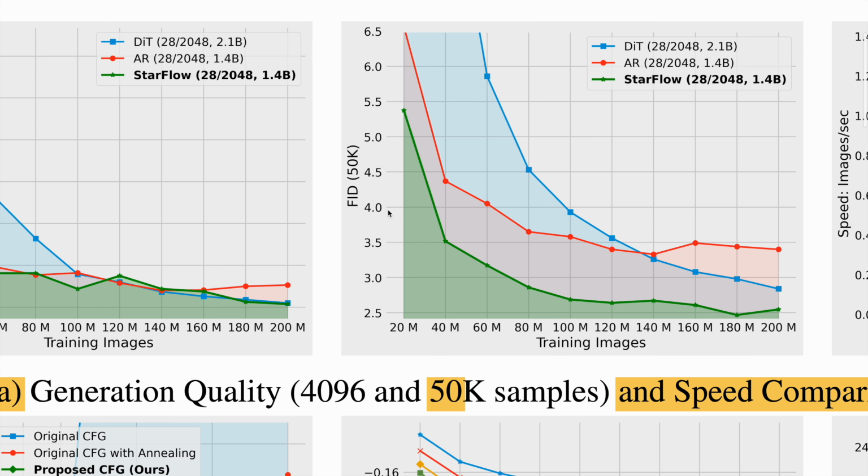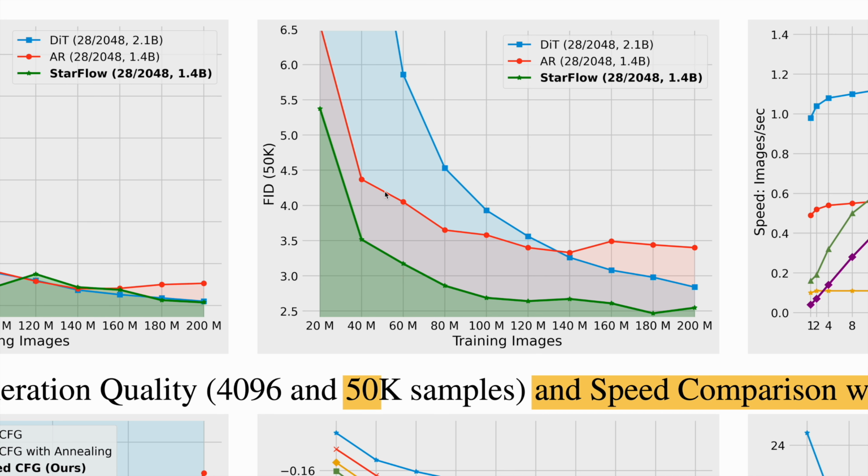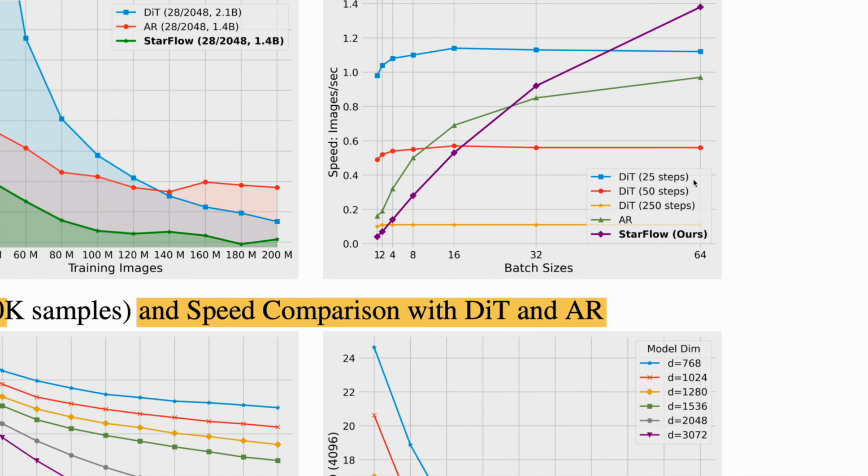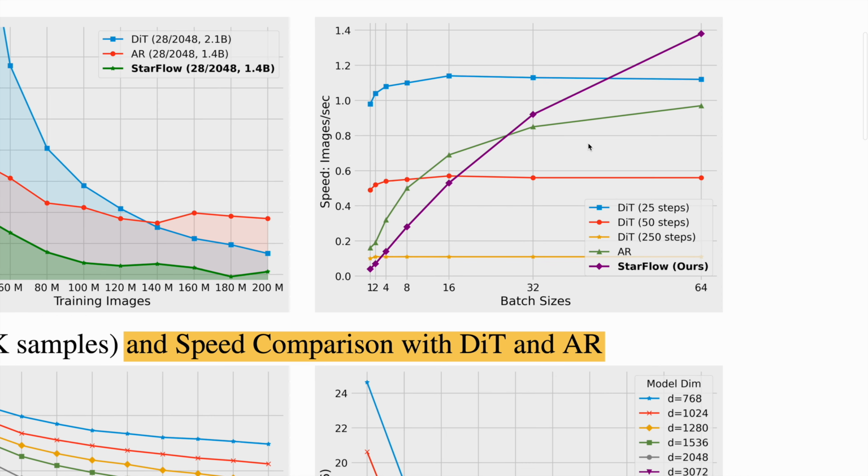But when we use 50K images, the FID is more accurate, or should be more accurate, and we see that StarFlow is really outperforming diffusion models and autoregressive models, and it's outperforming them at every training iteration, at every training step. And in terms of training speed, that's what I was mentioning.